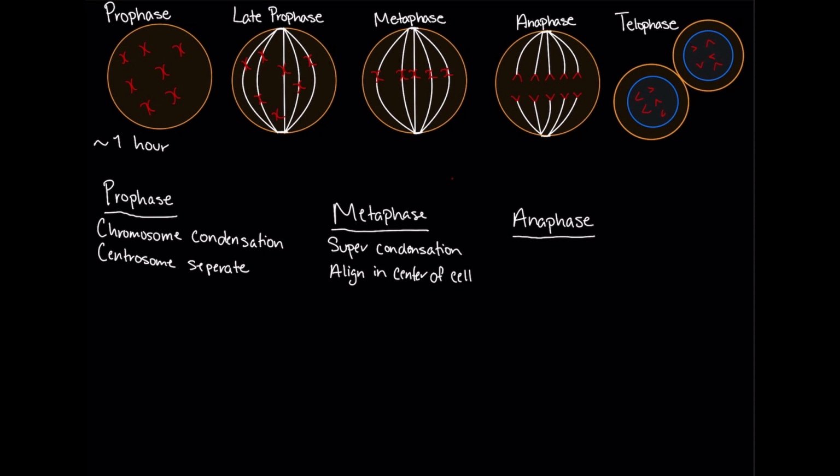So in anaphase, there's the separation of the sister chromatids, since the cohesion, what attached each chromosome, is dissolved by the enzyme separase. So let's write this down. So separation of sister chromatids.